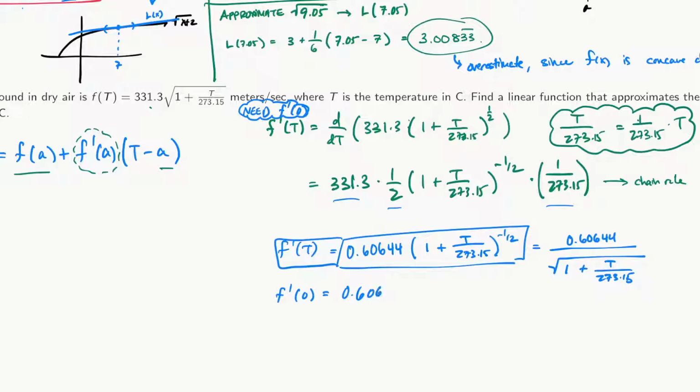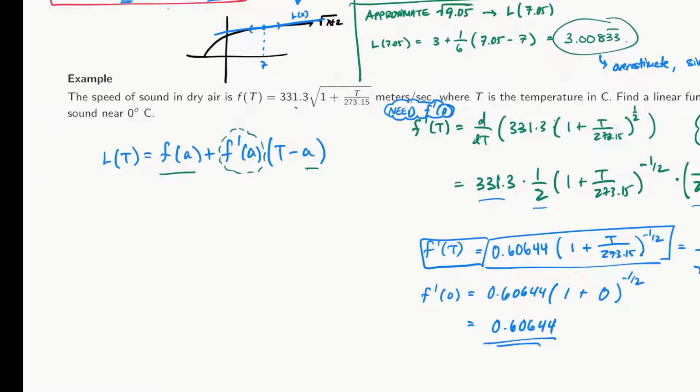It's 0.60644 times 1 plus 0 over 273 is just 0, to the minus 1/2. And so that is really, 1 to any power is just itself. So what we're really getting is 0.60644 is the slope of the tangent line at this point. And so we've got that.